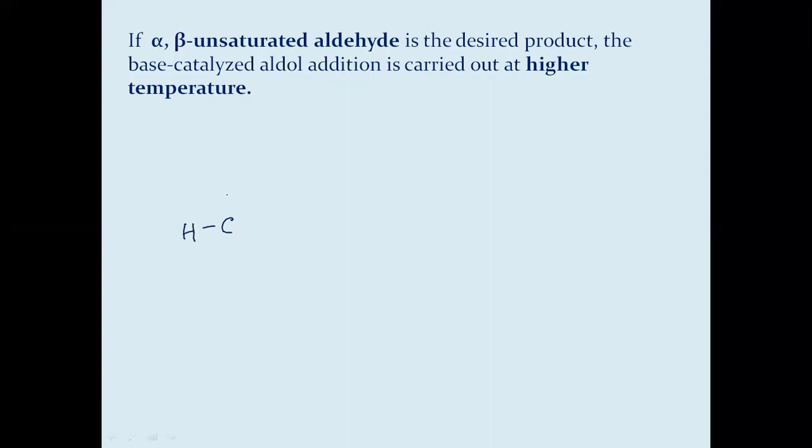Let me write the aldol that is obtained, that is, beta hydroxyaldehyde. This was the aldol which we obtained in the previous step, as I've already told, as the final step of the reaction.